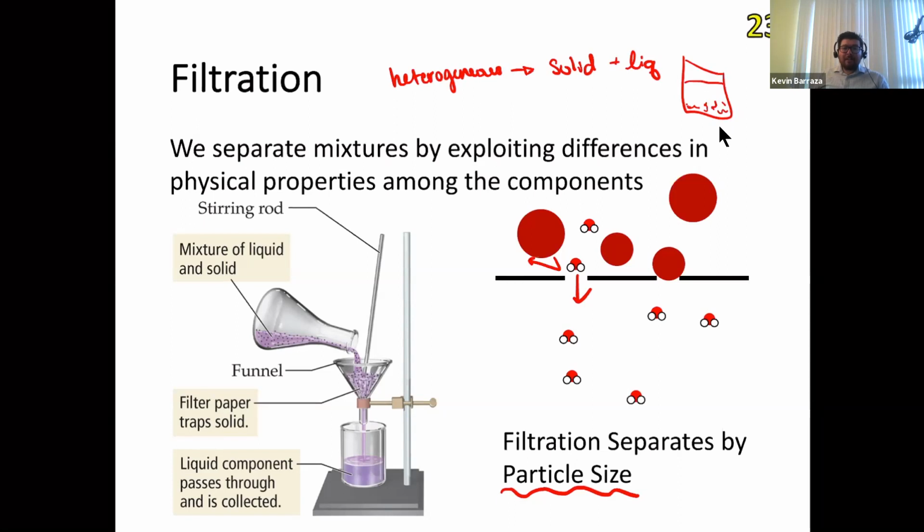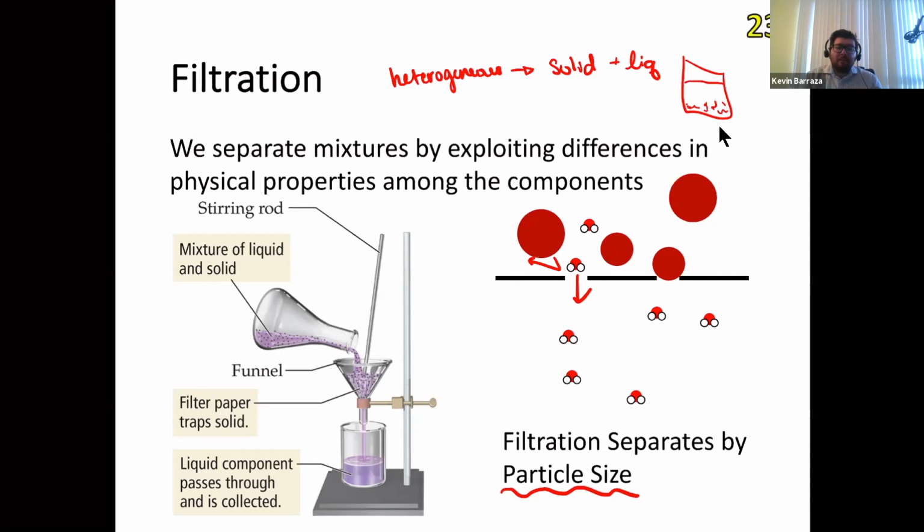Something heterogeneous like a solid-liquid heterogeneous mixture will be a good candidate for filtration, because the fact that the solid isn't dissolving and is remaining in large enough pieces for me to see with my eye must mean that the size of the particles is large and they are going to be prevented from going through the filter paper.